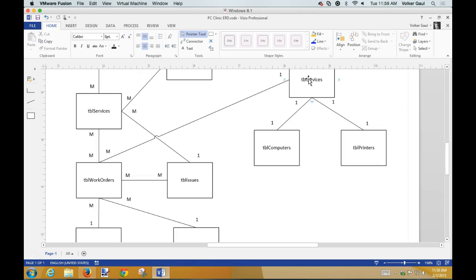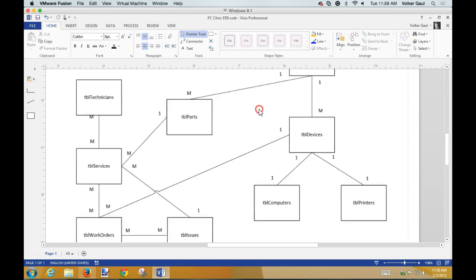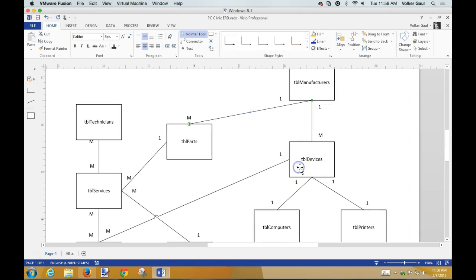That one laptop. One of the common fields that both of these printers and computers have is that serial number. So every device in this table has a serial number. And then it could be additional information like who's the manufacturer, though that is already in here. How much RAM did that one have? If it's a printer, I don't know if there's anything we want to know additional about printers.